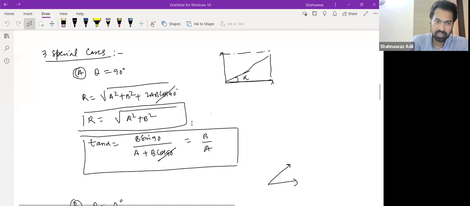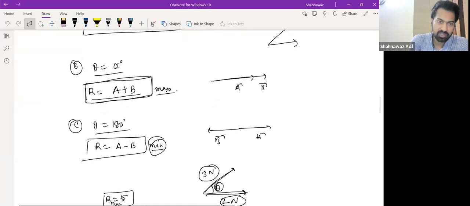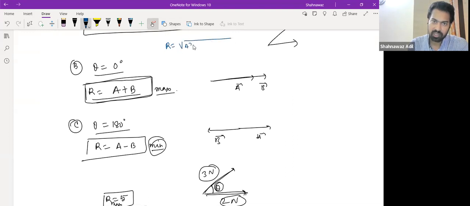And for theta equals 0, what do we get? For theta equals 0, R is the square root of a square plus b square plus 2ab cos 0. Cos 0 is 1. So you get a square plus b square plus 2ab.